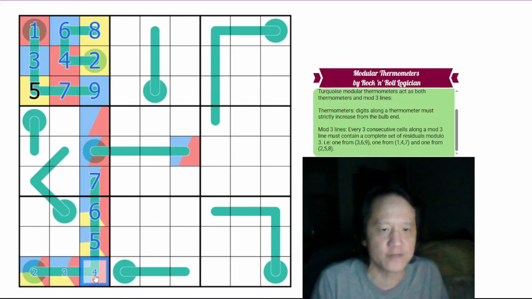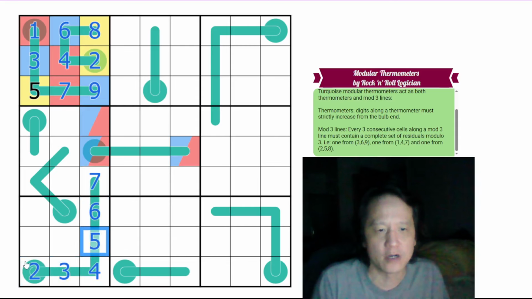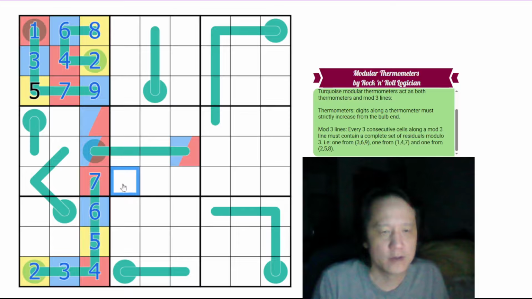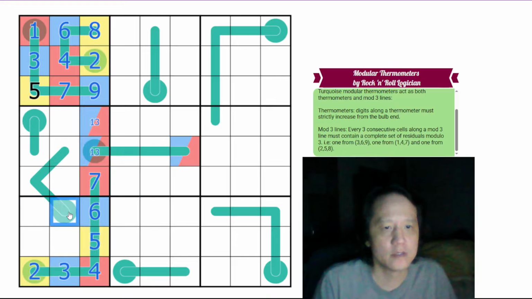So this is 6, 5, 4, 3, and 2. Therefore, we know what set of modulos they are. This is yellow, blue, red, yellow, blue, and red. Remaining digits are 1 and 3, so this becomes a 1, 3 pair. That's fine.